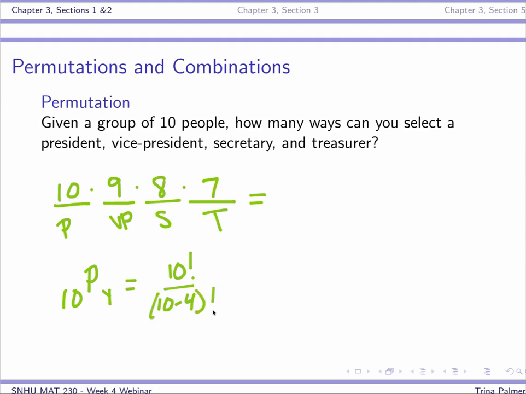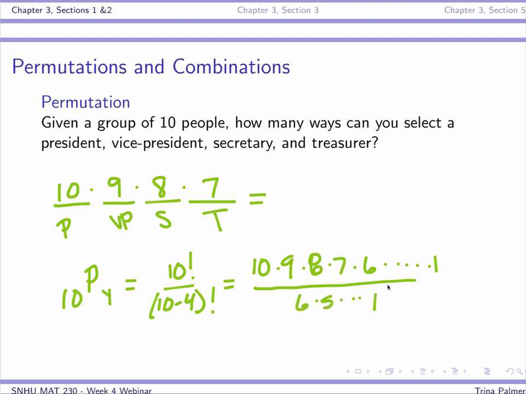Factorial means 10 factorial would be 10 times 9 times 8, whoops, I forgot 8 and 7. 10 times 9 times 8 times 7 times 6, all the way down to 1. And on the bottom, I have 10 minus 4 is 6, so I have 6 factorial. So I have 6 times 5, all the way down to 1.